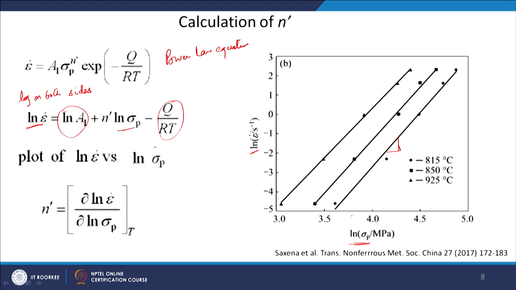For each strain rate you take the measured stress, take the logarithm of strain rate and ln of sigma p, and that will give you these 3 straight lines, more or less parallel. That means there is no change in the deformation behavior at these 3 temperatures. So, I can take the slope of these curves as n prime. This is how I am going to get the n prime for my constitutive equation.